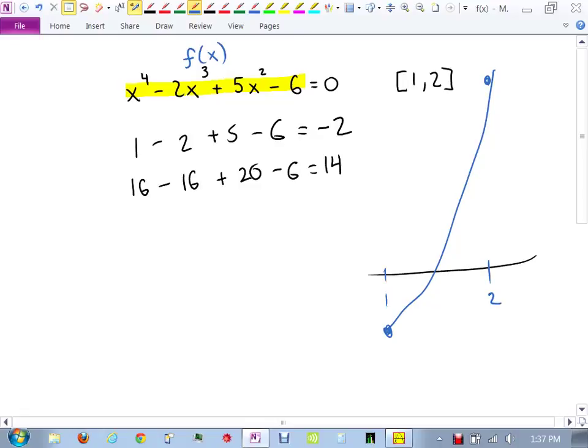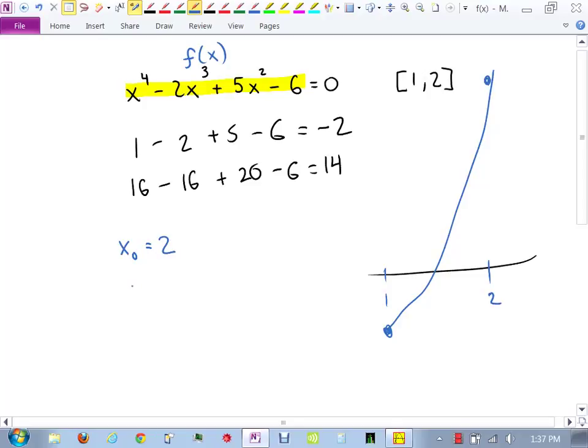Okay, so Elias's question was, what point do you pick? And I say pick one of the endpoints. Let's try 2. So that means I'm going to let my x0 be 2.